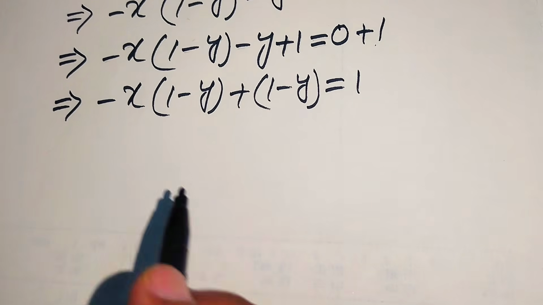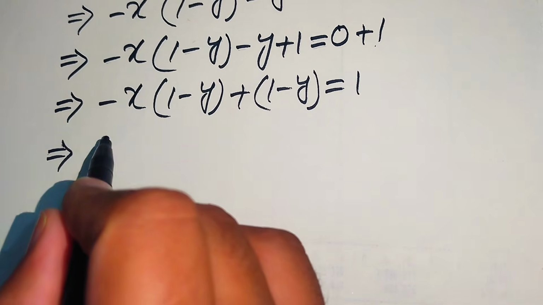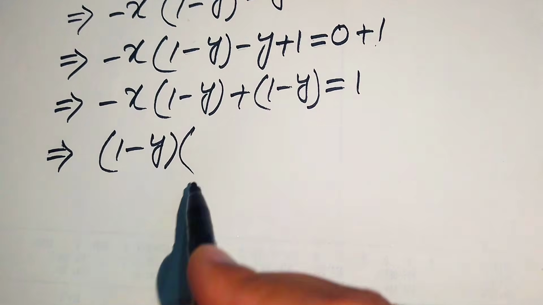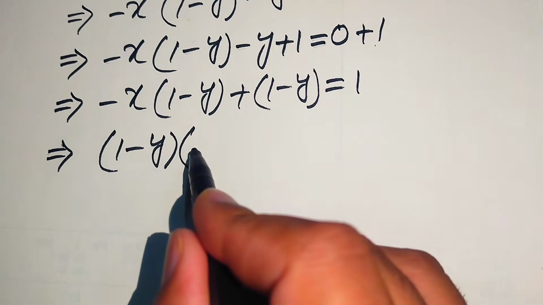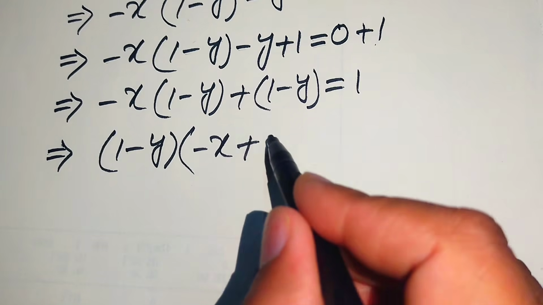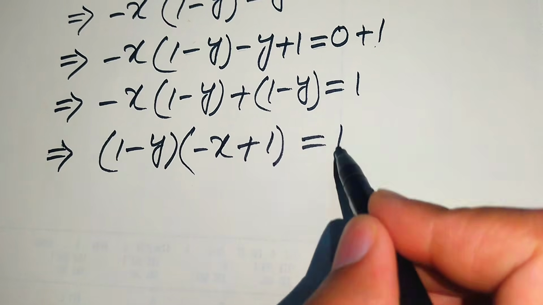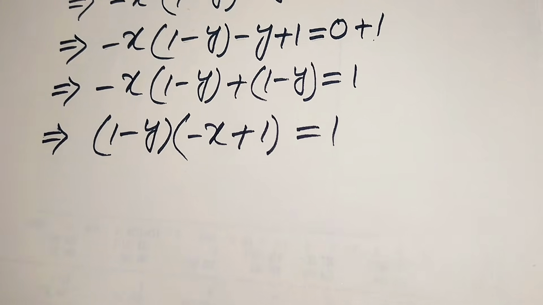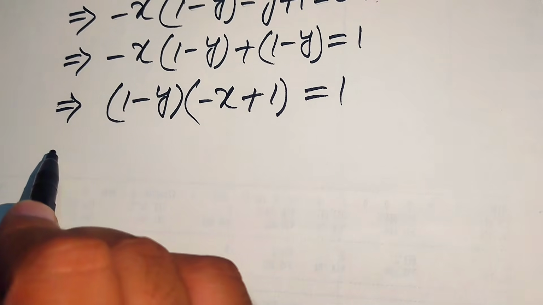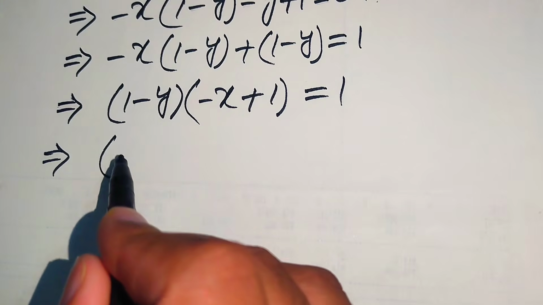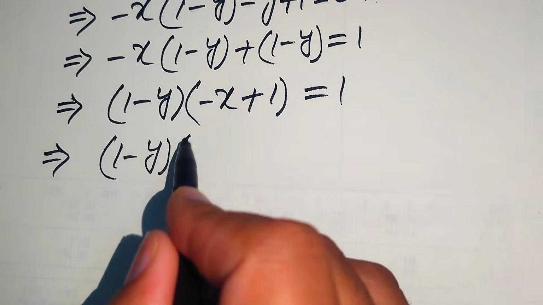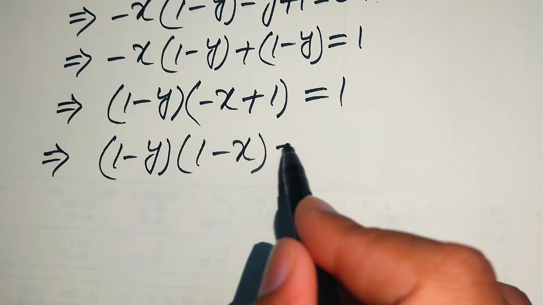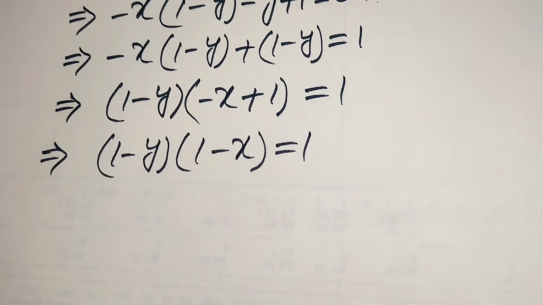Now you see that both of these two terms involve the factor 1 minus y, so we take common 1 minus y from here, and the remaining values are, from here we get minus x, plus from here we get 1, and this whole equation is equal to 0. Then we rearrange the terms, and we write 1 minus y, and we write minus x plus 1 as 1 minus x, and this is equal to plus 1.